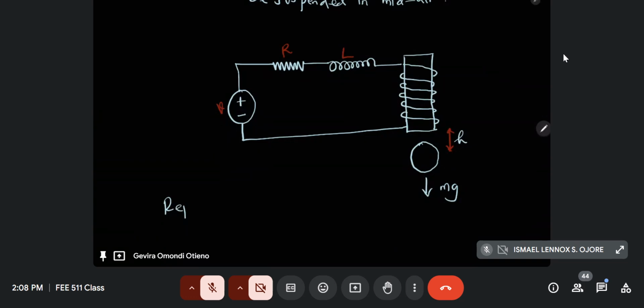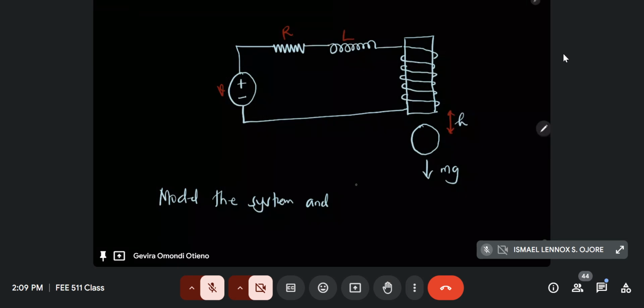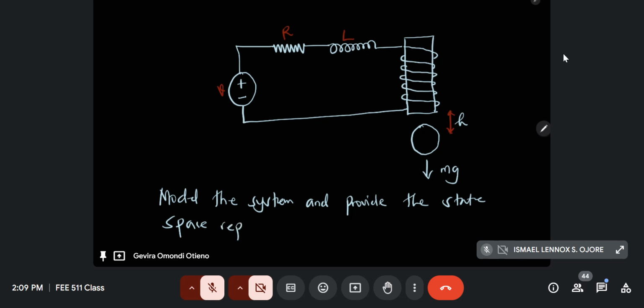Let me just write it again. So the question would be: model the system and draw the state space representation of the system.